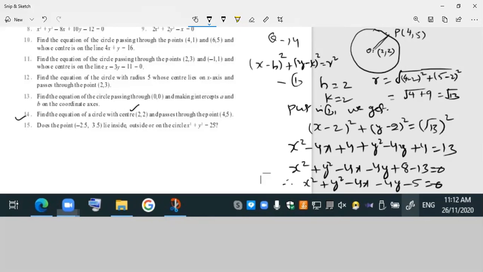Last question, question 15: does the point lie inside, outside or on the circle? This is another thing which we have not discussed as of now.